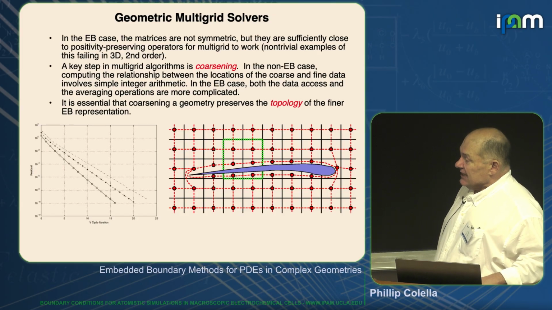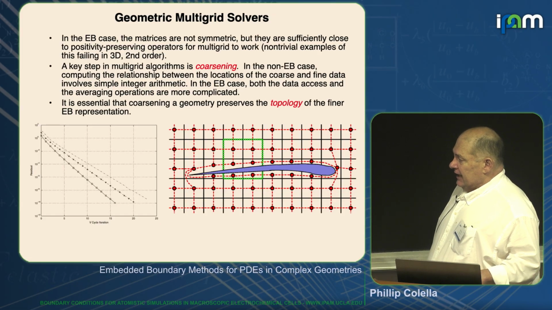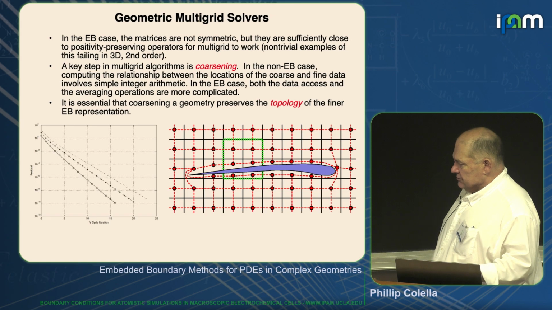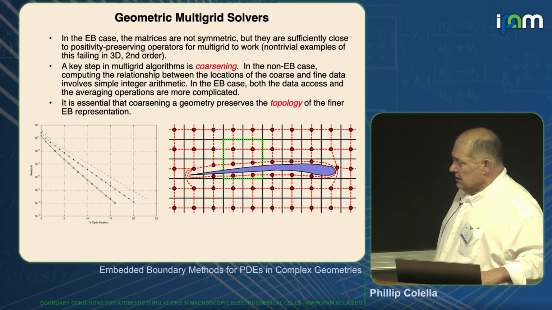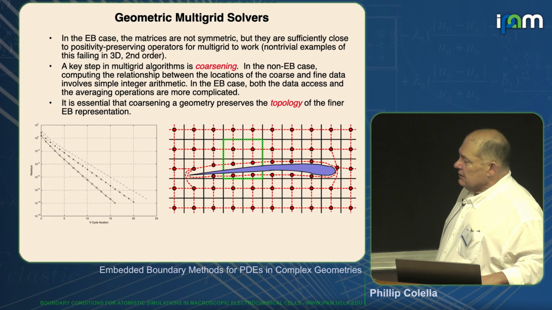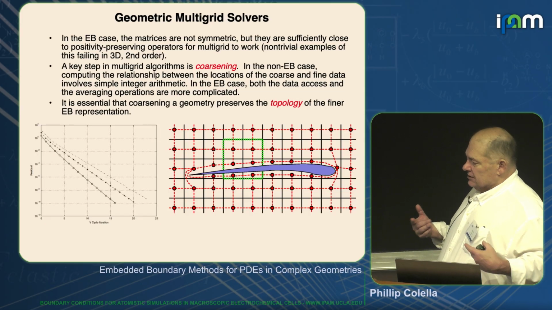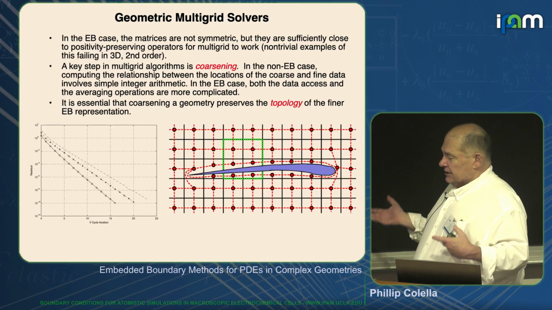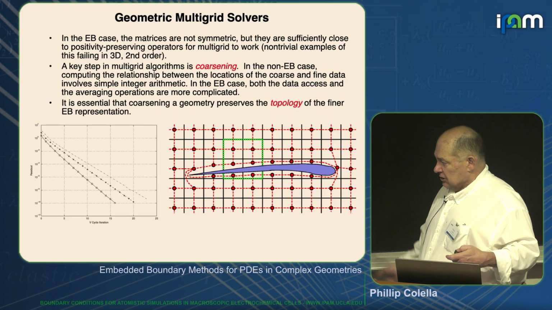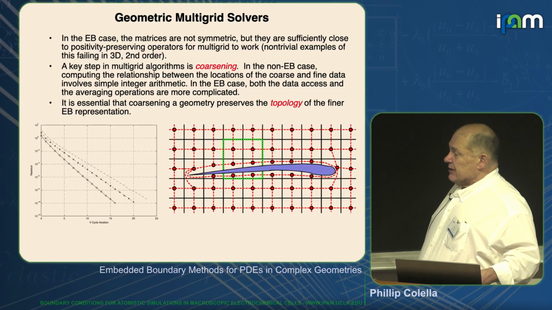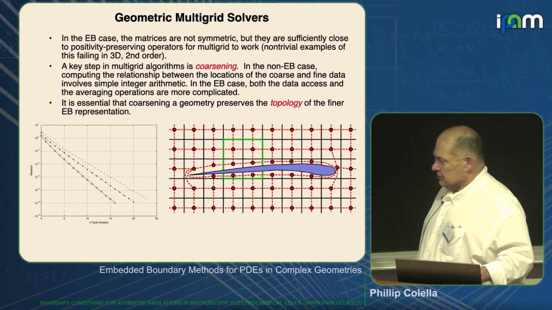This is a thin body, and the fine grid is centers of each of these control volumes and the black rectangles. Now, how do I coarsen this? I pick a 2 by 2 collection of control volumes, and I need to make them into a set of coarse control volumes.